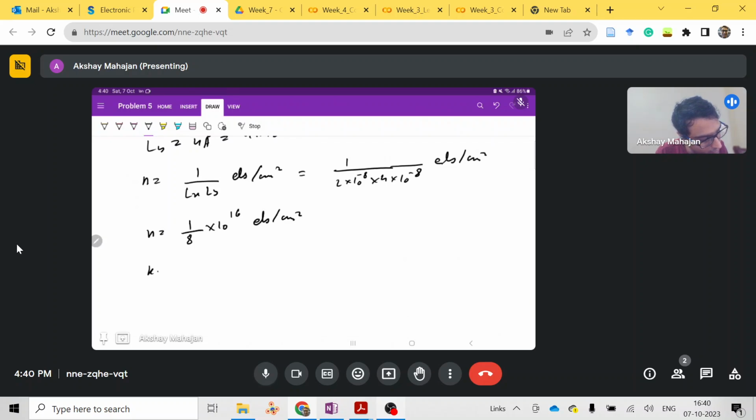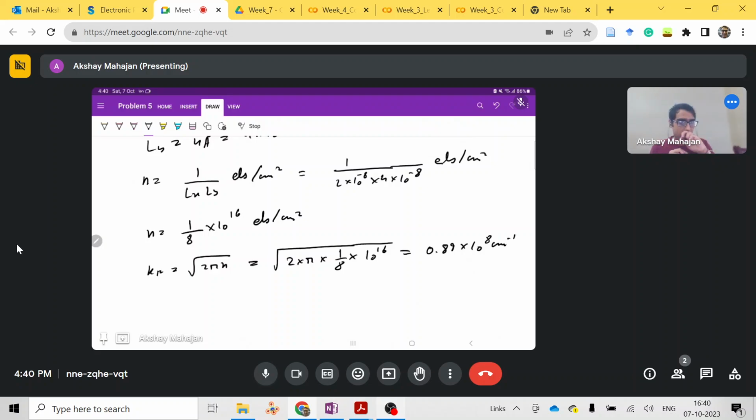So your kf will be the square root of 2 pi n, which if you calculate, 2 pi times 1 by 8 into 10 to the power 16, comes as 0.89 into 10 to the power 8 centimeter inverse. Alright, so this is our kf value.